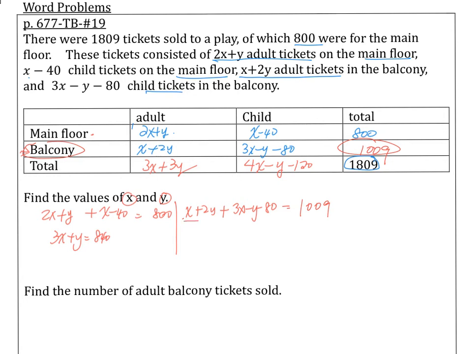So now I'm going to simplify this. 4x plus y equals 1089. And now I have a linear system which I can solve. So I'm going to move this over here. 3x plus y equals 840. Subtract, y cancels. This would be 249.